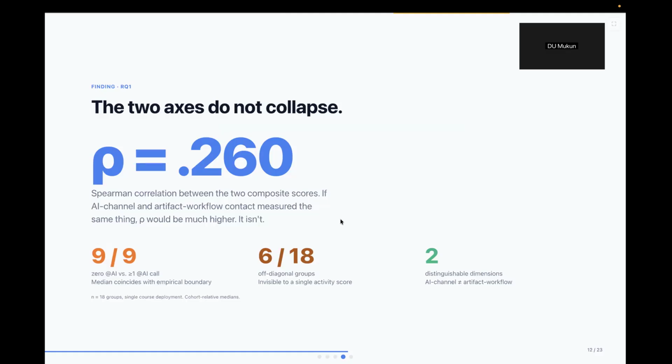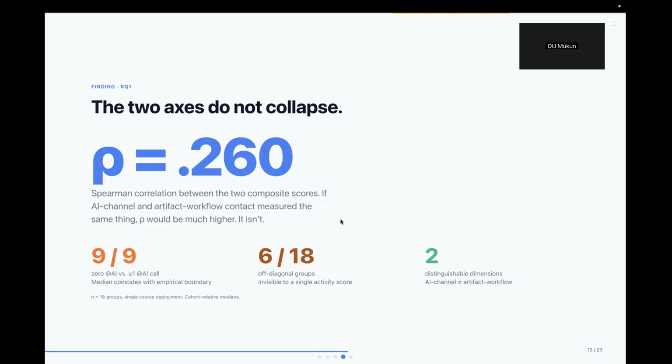The answer was it's 0.26. And according to Spearman correlation, if the correlation score is lower than 0.3, it means it have a very low correlation, so that the two dimensions are not correlated.